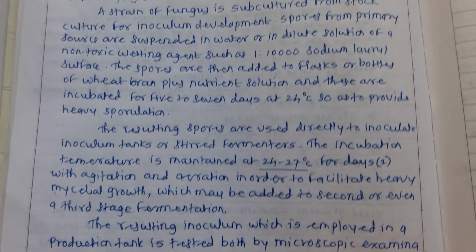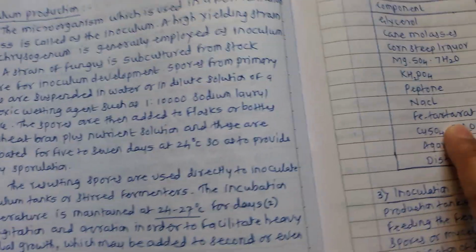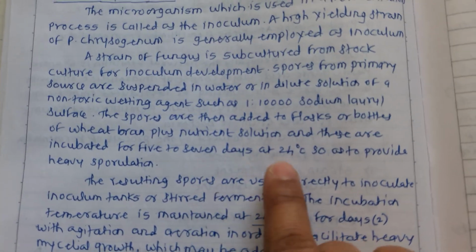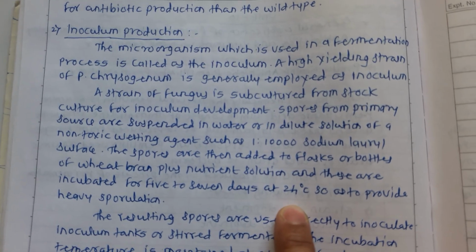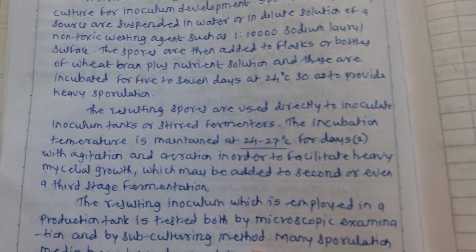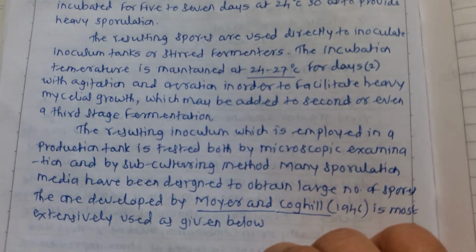In inoculum production, the inoculum is grown in this medium, and the mixture is kept for 7 days at 24 degrees Celsius. Here the number of mycelia of the fungus increases.